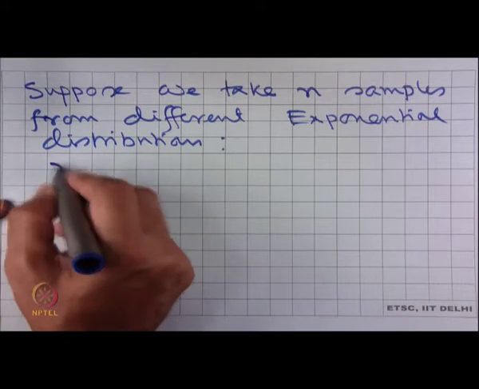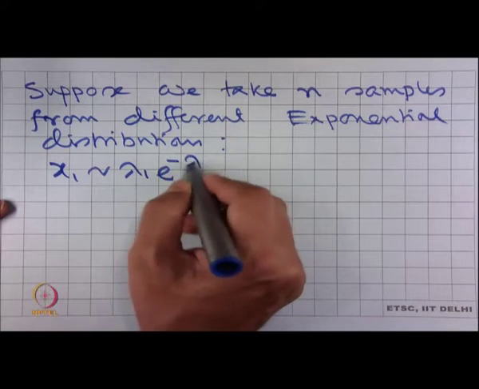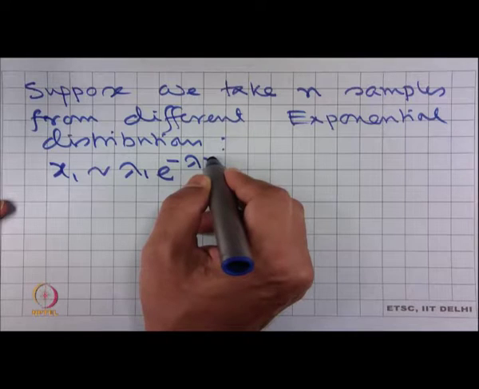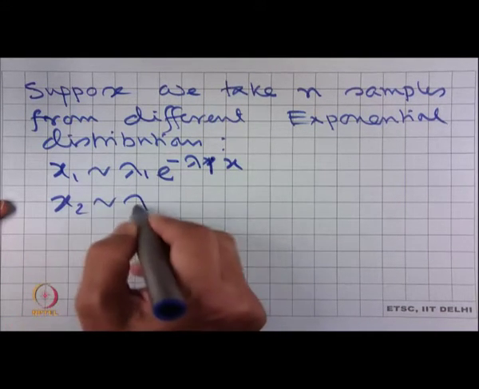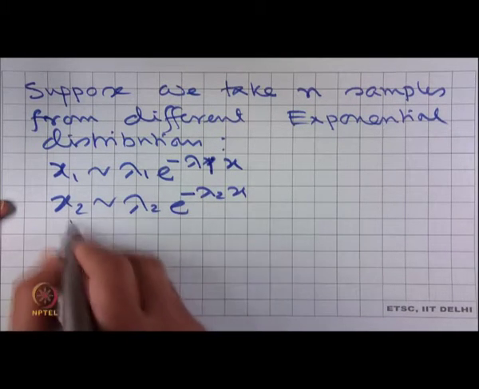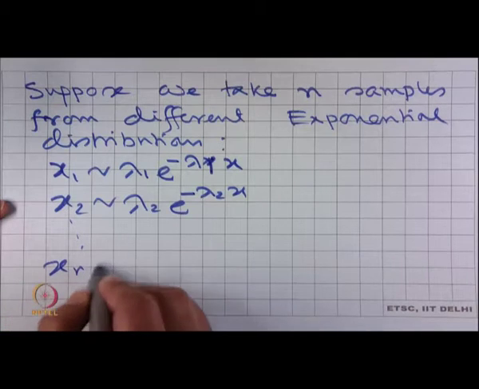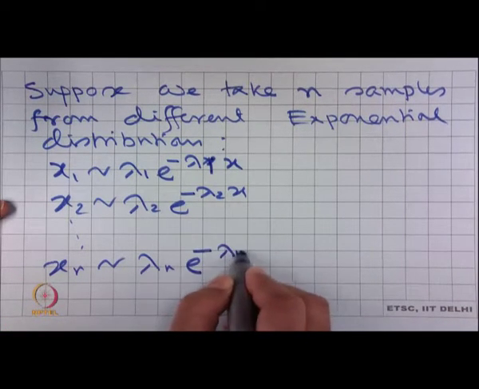Say x 1 is from lambda 1 e to the power minus lambda 1 x, x 2 is from lambda 2 e to the power minus lambda 2 x, x n is from lambda n e to the power minus lambda n x.